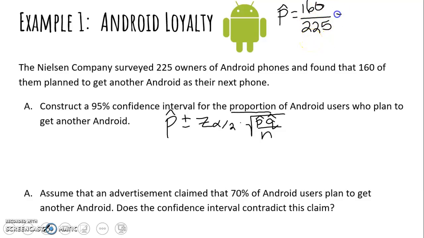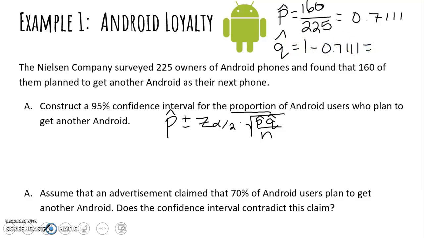Okay, if you want, you can change this number to a decimal. You can leave it as a fraction, or you can change it to a decimal. If you change it to a decimal, you need to go out at least 4 places. If you change this to a decimal, you get 0.7111.